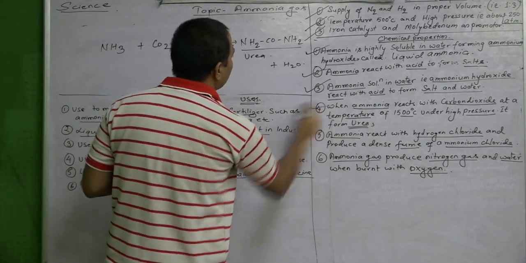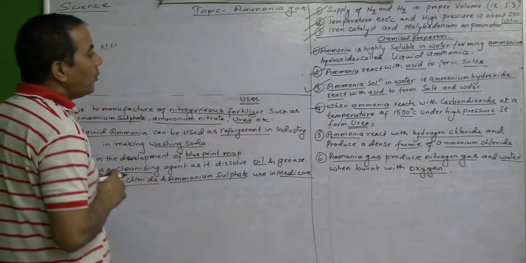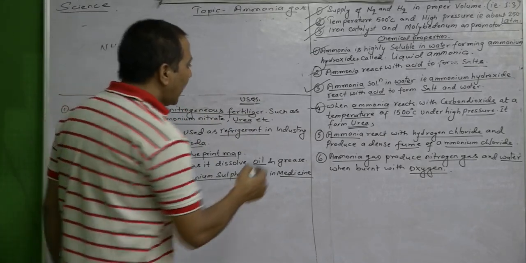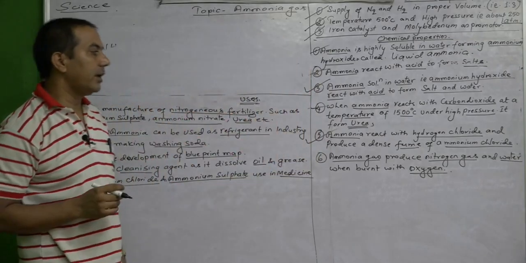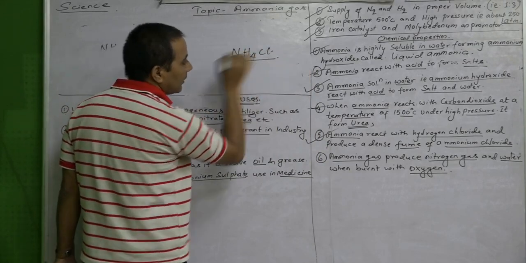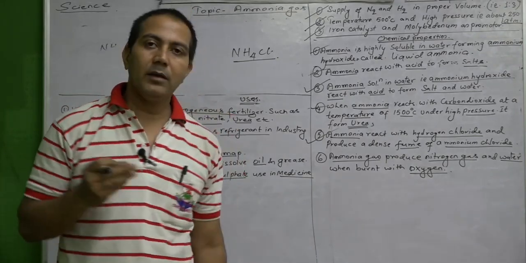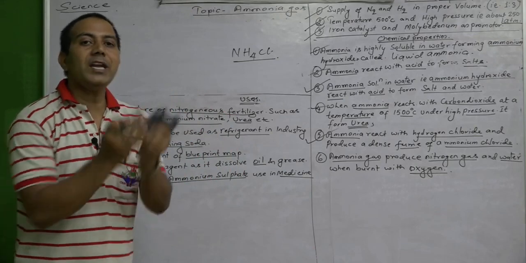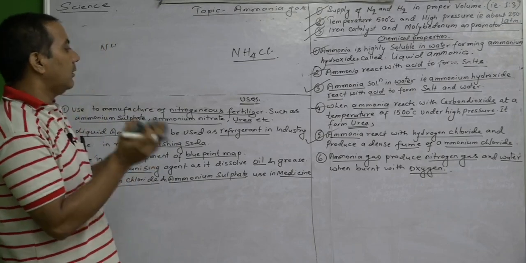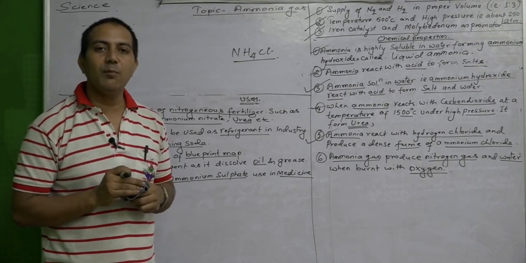So next one, ammonia reacting with hydrochloric acid. We have already done this one. When ammonia reacts with hydrochloric acid, it forms NH4Cl, ammonium chloride, and while forming ammonium chloride, what happens? It produces a white fume, like smoke, and that is the experiment to test whether the gas is ammonia or not.